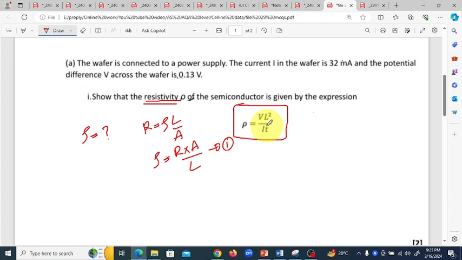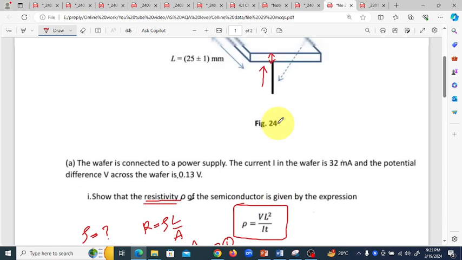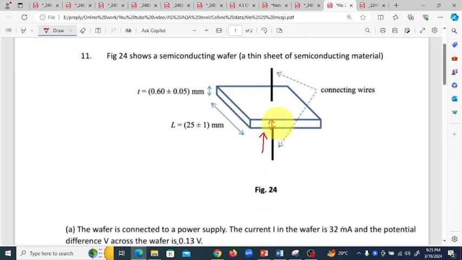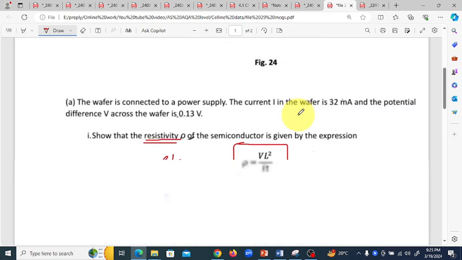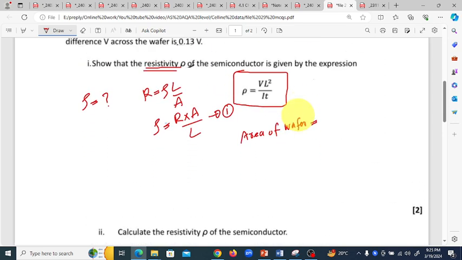In order to prove this, first we need to remember that A is the area of the wafer, the semiconductor material. The area is the length multiplied by the width. Both length and width are capital L, so the area is L square.